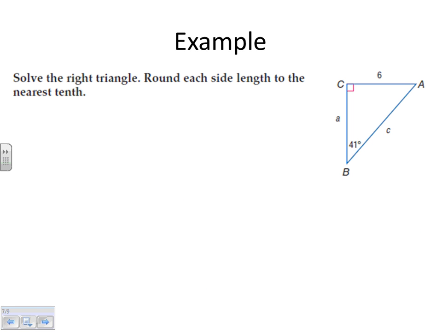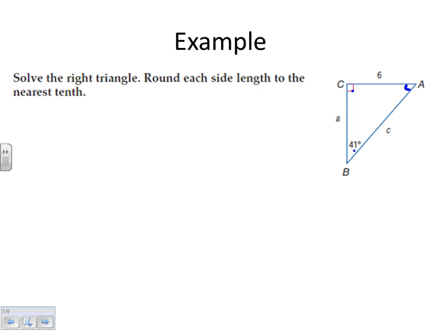All right, and then we've got solving the triangle. Remember, we talked about solving the triangle as finding every angle and finding every side. So first of all, we are going to use that property of a triangle that all the angles add up to 180 degrees. So I see that I'm missing this angle A right here. So I have a 90-degree angle, I have 41 degrees, and I'm missing one.